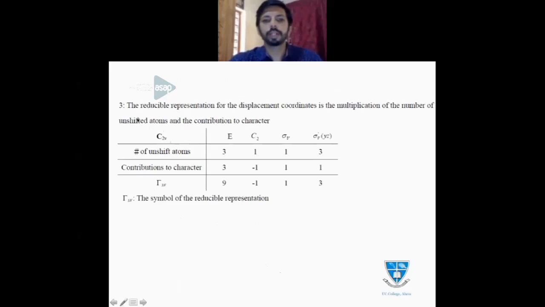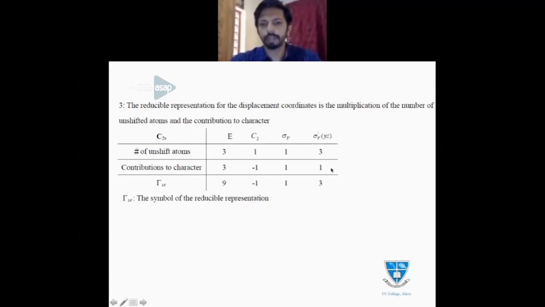Then we have mentioned that the third step is the determination of the reducible representation. And for the reducible representation, we have done 2 steps. First, we have determined the number of unshifted atoms, and then second is the contribution to character. That is, the number of unshifted atoms is 3, 1, 1, 3, and the contribution to the character is 3, minus 1, 1, 1.